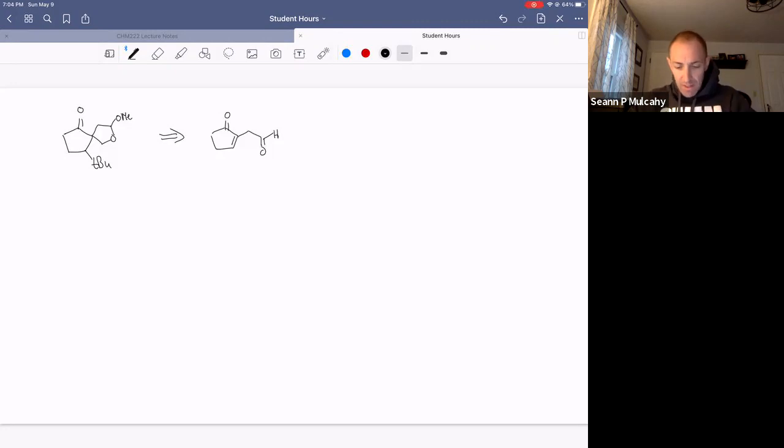The first thing I would take a look at is what kind of functional groups you have in your ultimate starting material. In the ultimate starting material, you have an alpha beta unsaturated carbonyl, and you've got an aldehyde. Those functional groups are going to be important somehow to this molecule.